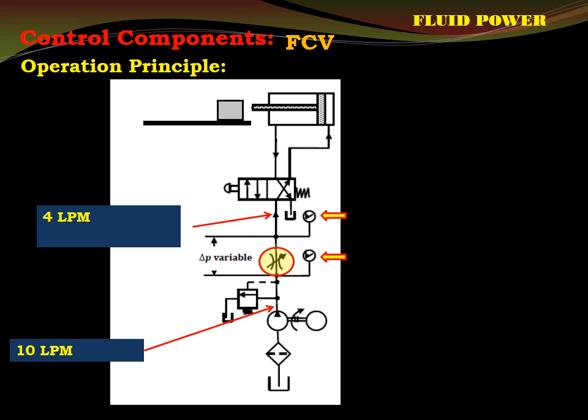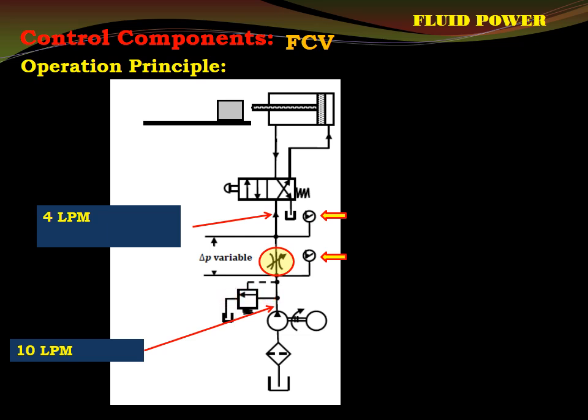So definitely there is another bypass line here, and that is nothing but this branch, the PRV. Since 6 liters per minute may get accumulated, and we won't allow any accumulation, otherwise it can burst, this PRV will get activated, and these 6 liters per minute will flow through this to the tank.